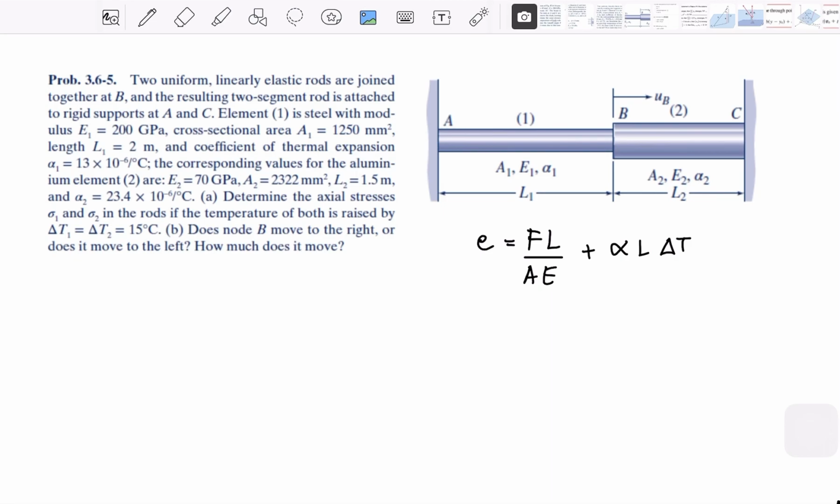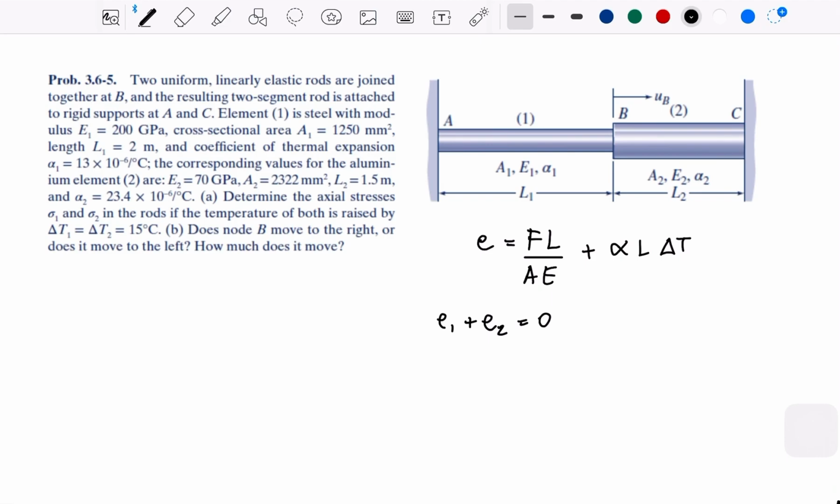If we take that assumption, then we can rewrite the formula and relate 1 and 2. So delta 1 plus delta 2 is 0. Let's just write the assumption: based on the rigid support, delta 1 plus delta 2 is 0.